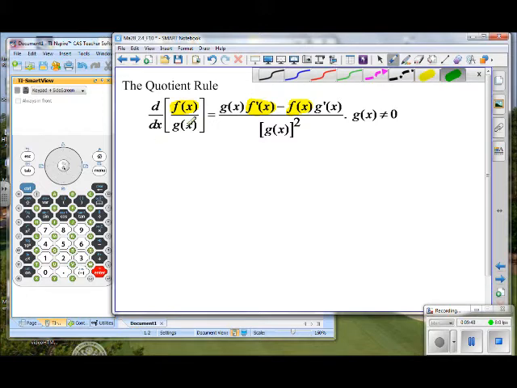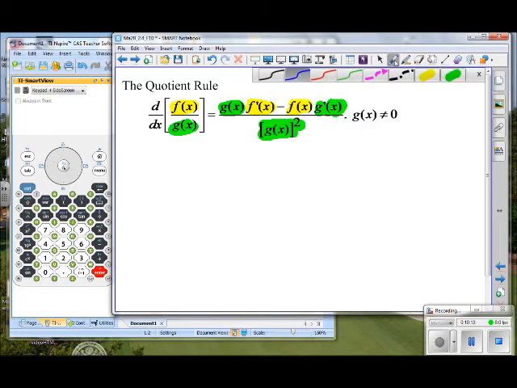Now, let's take a look at the denominator. So we have the denominator times the derivative of the numerator minus the numerator times the derivative of the denominator, and we are going to then have all of that divided by the square of our denominator.